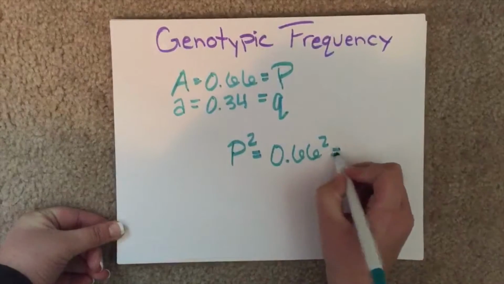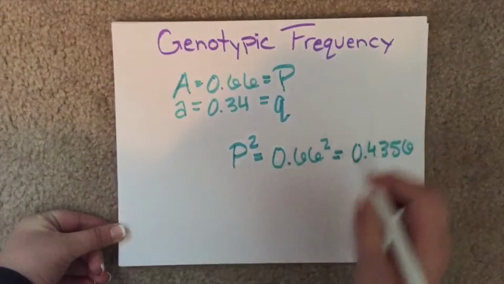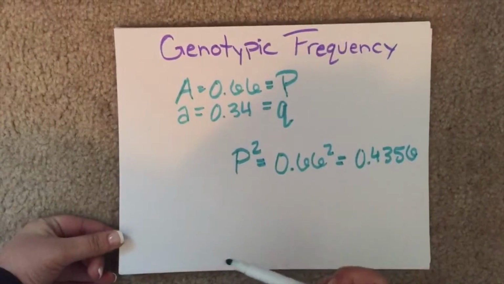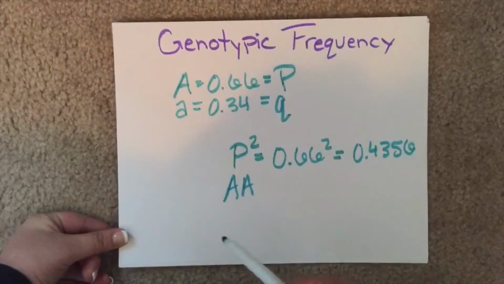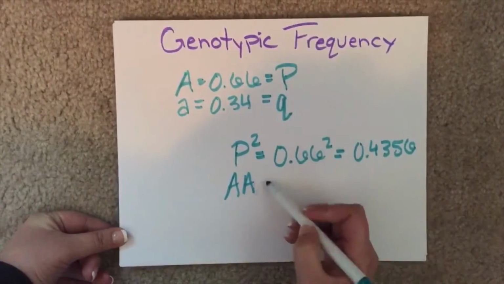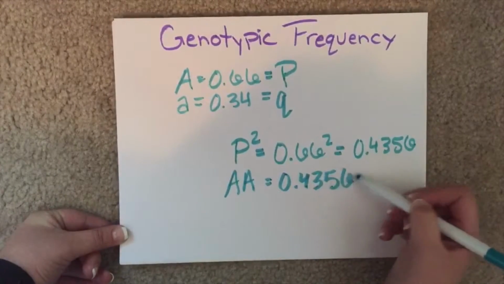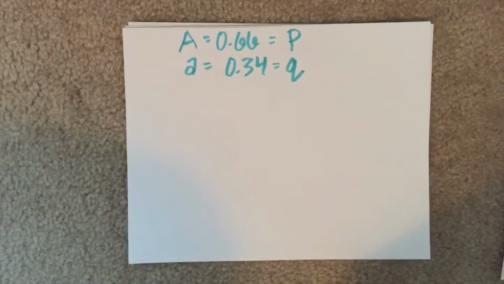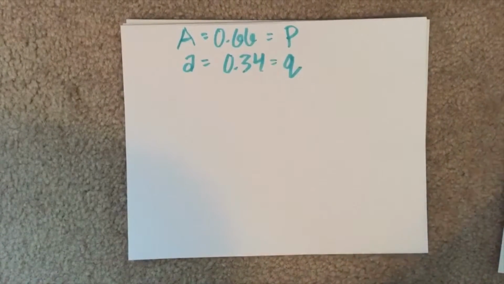This value will give us 0.4356. So the genotypic frequency of the big A gene in the new population is equal to 0.4356.